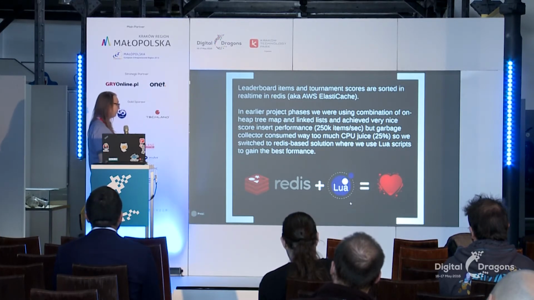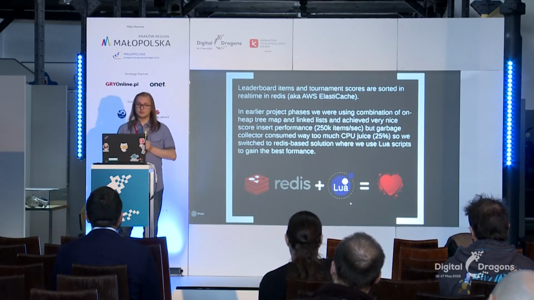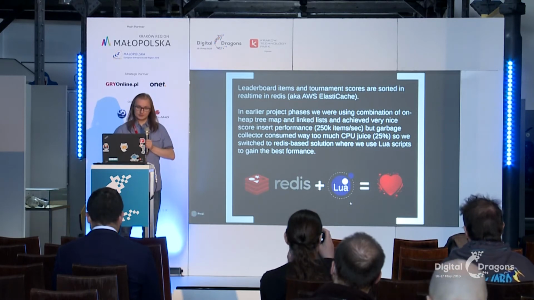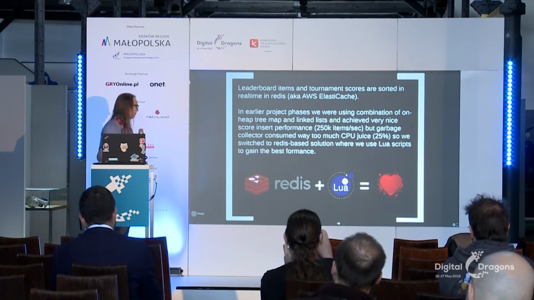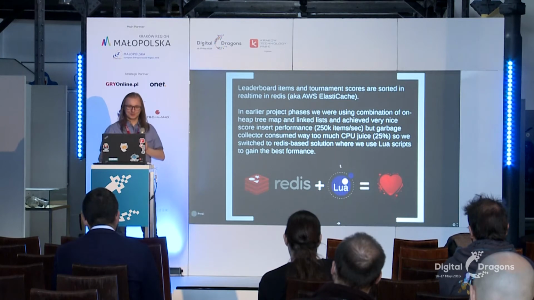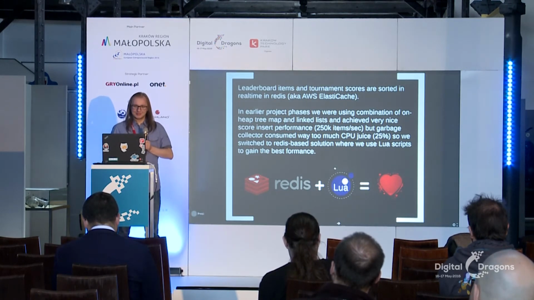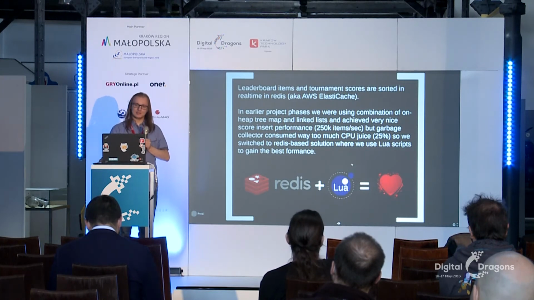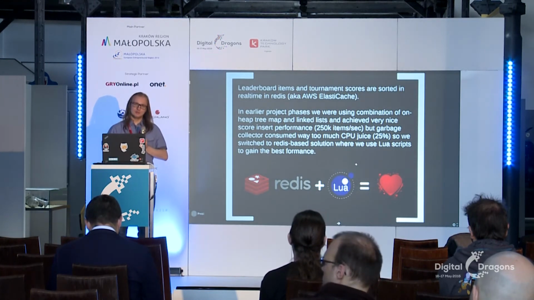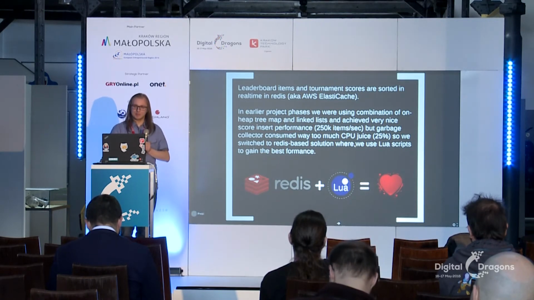Before we moved to Redis, we had a different solution for the leaderboards. We implemented our own, I can call it a proof of concept. It was written in Java, and those were simply tree maps and linked lists, which were stored in on-heap memory.